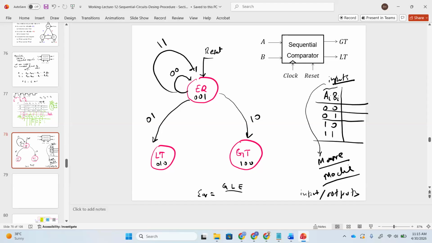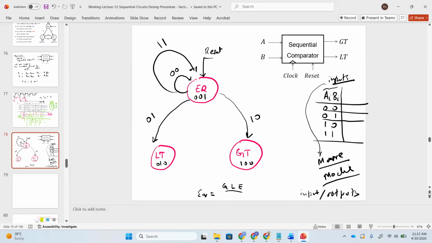You're not getting my point. It's a Moore machine, I forgot. So it is not the state assignment, it is actually the output assignment. The output assignment is totally different from the state assignment. I hope I answered your question. Yeah, I got it. Thank you. So this is the output assignment, not the state assignment. I will explain the state assignment later on. Can you give me some time? Then I will explain everything.